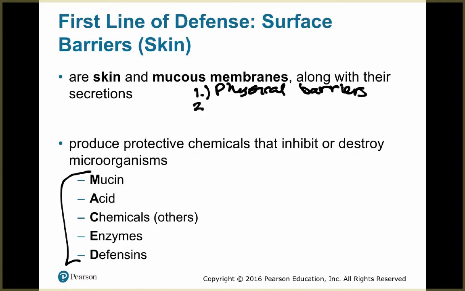Our skin has a nice protein in it called keratin. And that keratin is really, really robust, and it's resistant to things like weak acids and bases, bacterial enzymes and toxins. So keratin helps to protect us from these guys even more so.